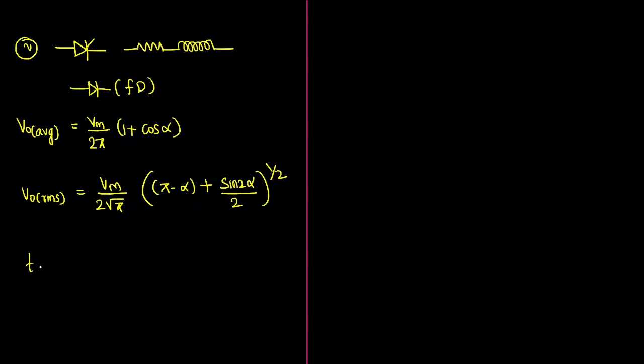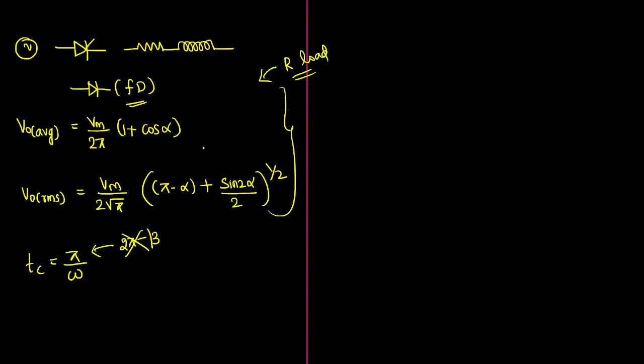Then the next most important formula is circuit turn off time tC, which will be pi by omega. Initially I kept 2 pi minus beta when I was not considering the effect of the freewheeling diode. If I consider the same circuit with the freewheeling diode, then this portion will be expressed by pi by omega. If you observe, all these properties resemble the characteristics of R load. Yes, that is correct. That is the beauty of the freewheeling diode.